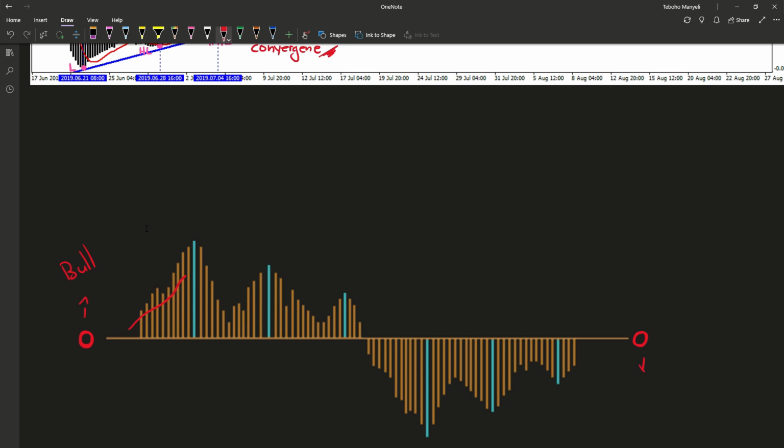Anything below 0, so all these histograms down here, these are all representing your bears. Okay, so when you see histograms below 0, you know the bears are in control. If you see histograms above the 0, it means the buyers or the bulls are in control. So while this is happening, this means the bulls are still extremely strong.